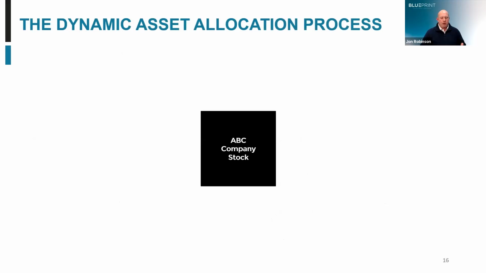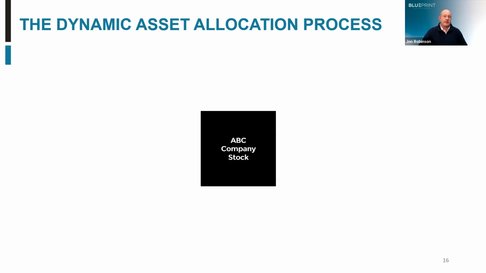So I want to just take a second and go over the asset allocation process. On the screen, you have, in a fictitious example, ABC company stock. And really the stock can do one of two things. It can go up and generate a rising trend, or it can go down and generate a falling trend.